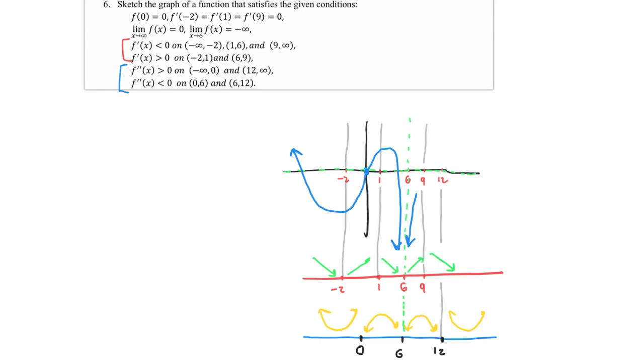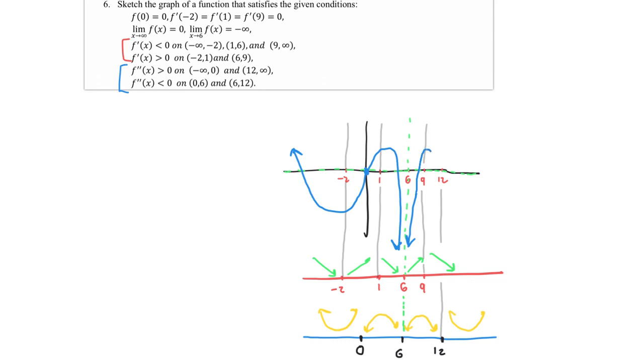Now, apparently, it changes direction around there, and then it goes down. And then it switches to concave up. So I can kind of see what's going to happen here. What happens is it goes up, it changes direction here.